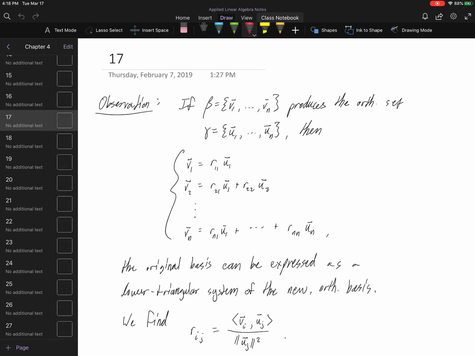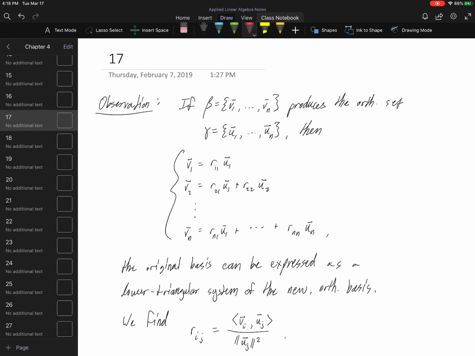So our first observation is that if this arbitrary basis beta produces the orthogonal set gamma through the Gram-Schmidt process, then what we know for a fact here is that this first vector that we're going to choose, specifically if we make it so that gamma is an orthonormal set, or no, it doesn't even have to be an orthonormal set. We could choose it to be, but this is just an arbitrary orthogonal set gamma.